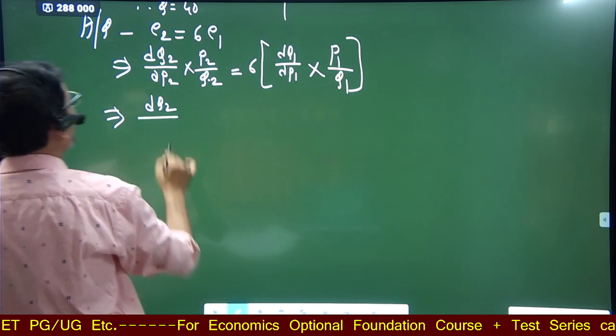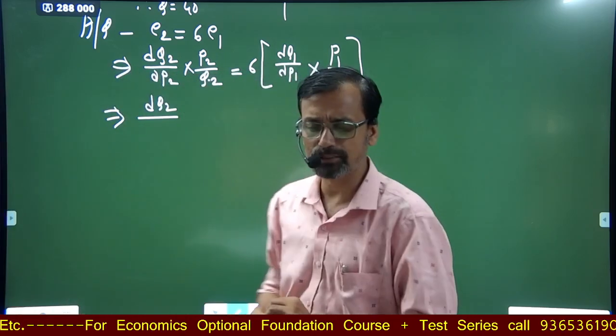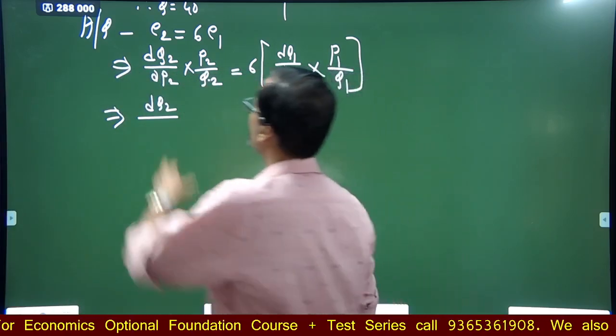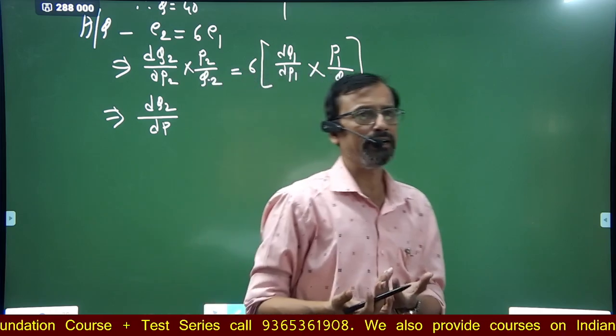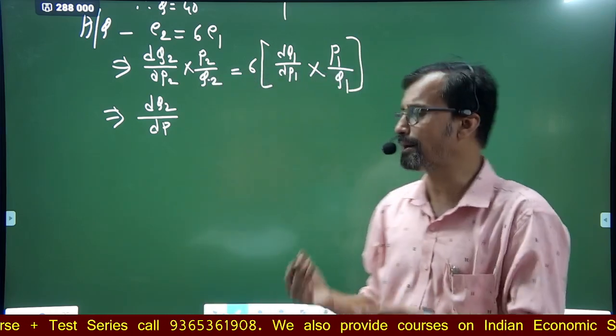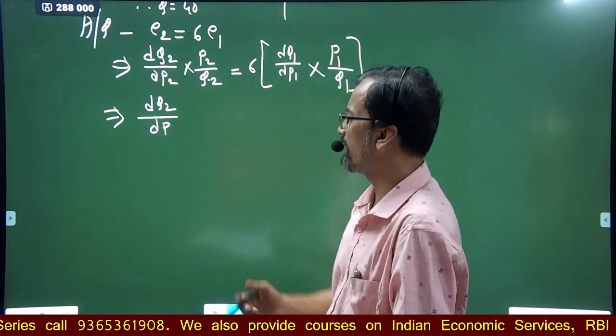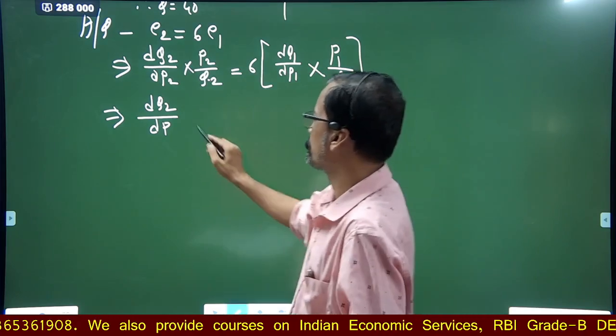So 6 times that. Now, in dQ2 by dP2, in place of dP2 we can write dP, because P is equal to 10, so P1 equals P2.